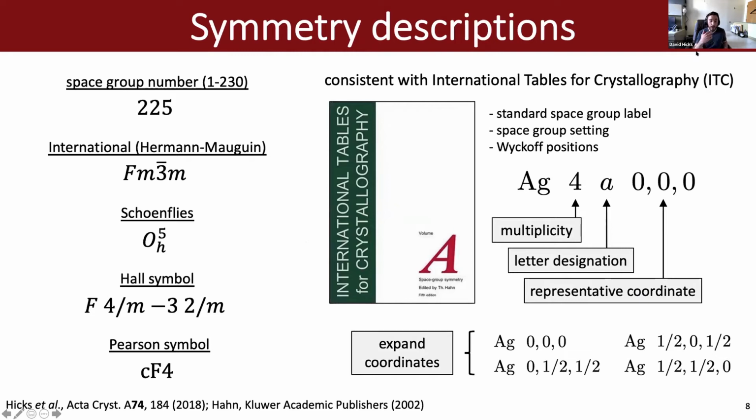So we can calculate the Wyckoff positions, giving you these multiplicities, letter designations, and representative coordinates. AFLOW also has the engine underneath to, given a representative Wyckoff coordinate, expand that coordinate based on the particular space group symmetry. So there's that functionality in AFLOW.